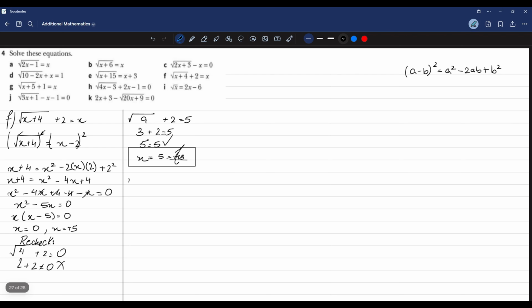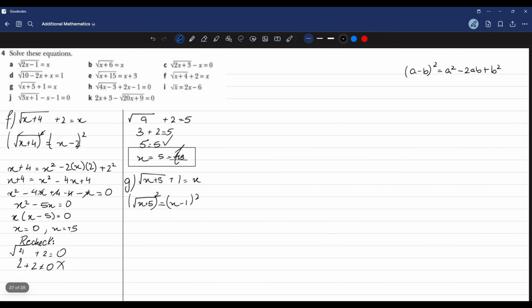For part G, we have under root of x plus 5, plus 1. Let's take this a little bit faster than usual now, because these questions are repeating the same pattern. So we've got under root of x plus 5 is equal to x minus 1. Again, square on both sides.